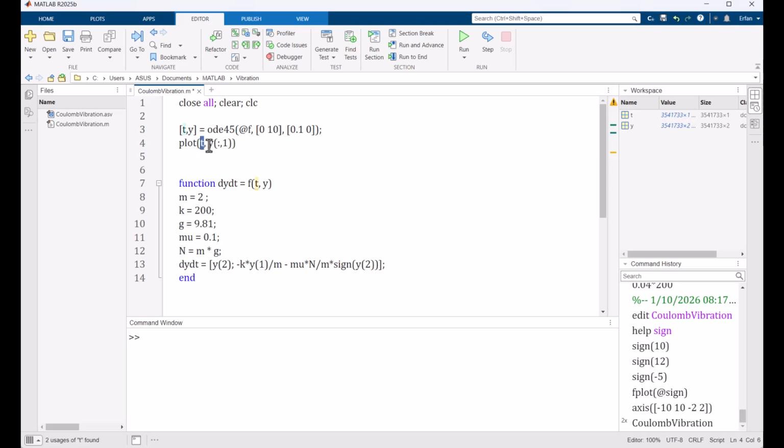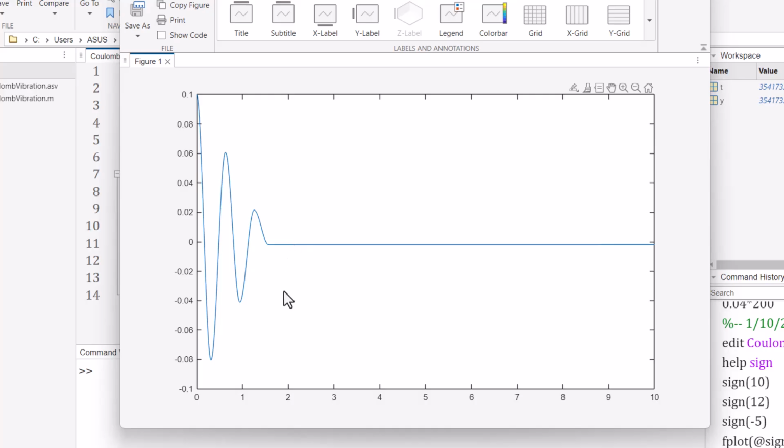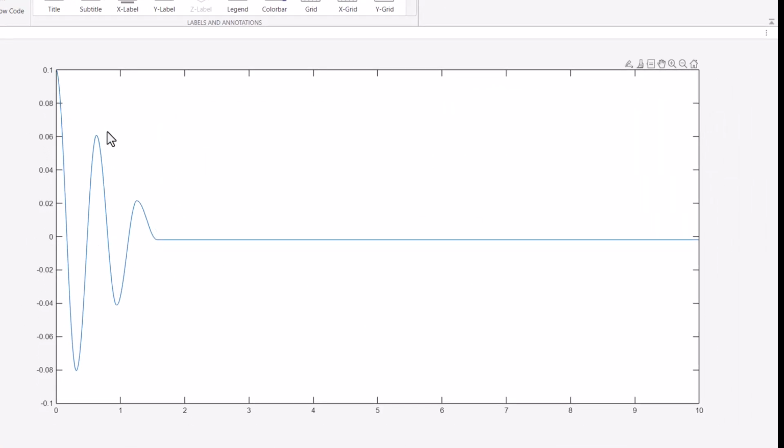So this is time and this is the position. If instead of 1 I write 2, it is going to be the velocities, but I want the positions. Now we run it, and here is the position of the vibrating mass with respect to time.